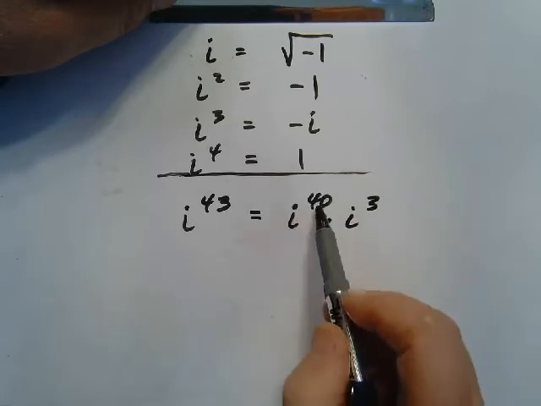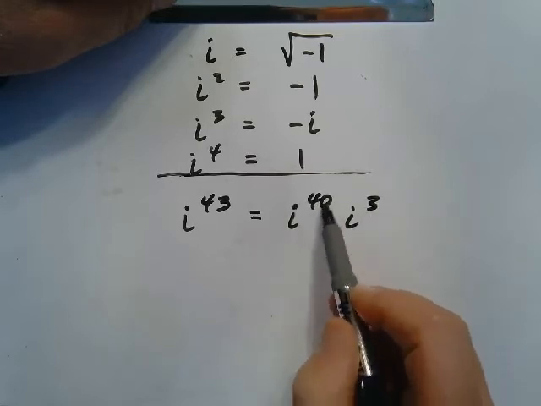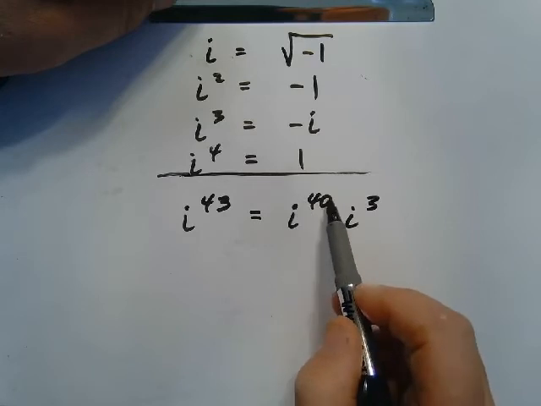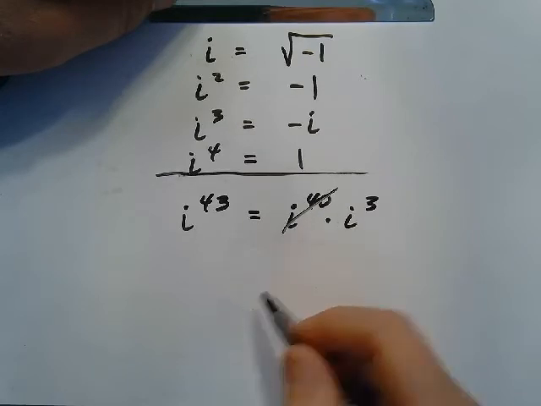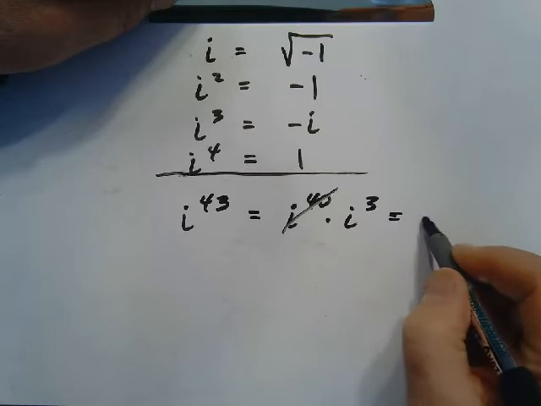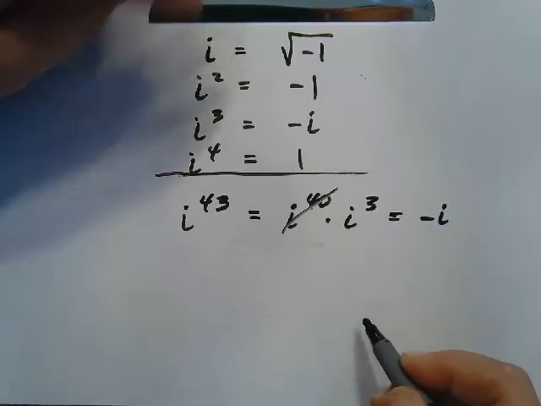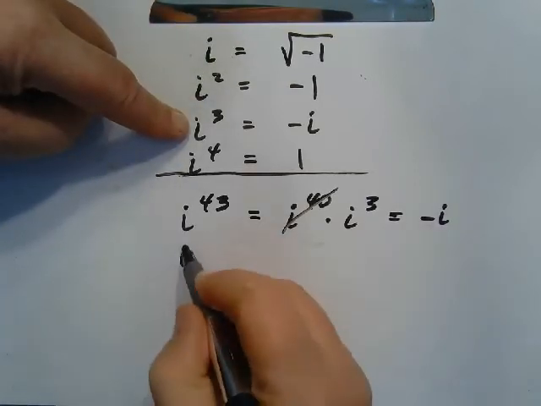So isn't this i to the 40th times i to the 3rd? I'm looking for a multiple of 4 right here. Well, this becomes 1 and goes out, and this is just i to the 3rd, or a negative i. Look up here, okay? Let's do another one.